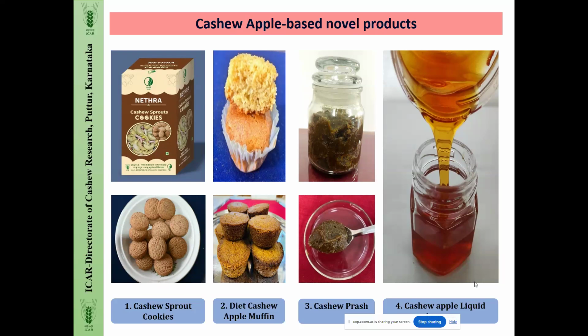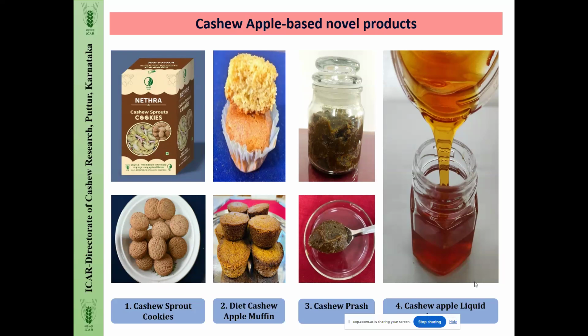They used it for culinary purposes, mainly for salads and curry, but it cannot be preserved for longer duration. So by taking that traditional knowledge into consideration, for the nutritional benefit of consumers, we have developed cashew sprout cookies, which are rich in protein, and by utilizing cashew apple, cupcakes like muffins have been developed.